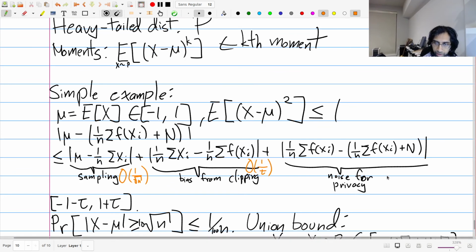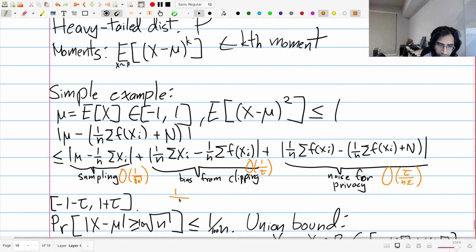And the noise due to privacy is going to be O of, tau is going to be the width of the interval, so it's going to be O of tau divided by n times epsilon. So these are the 3 sources of error, and the idea is we want to bound all 3 of these sources of error by alpha. So what does that give us?